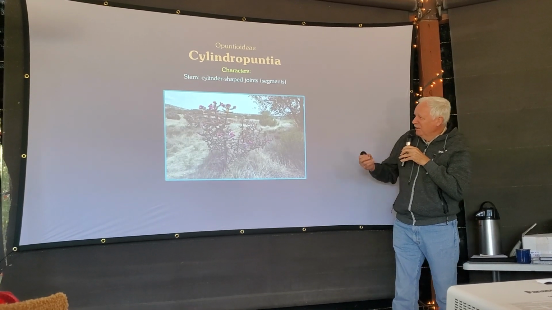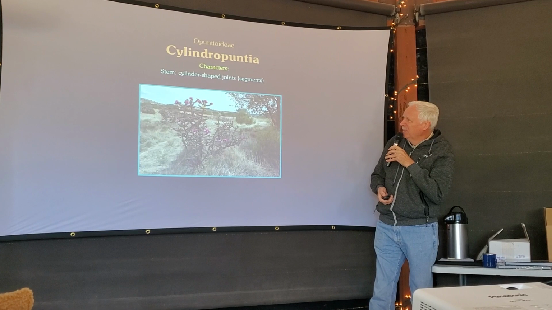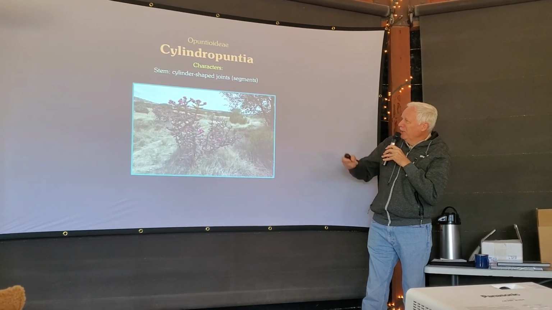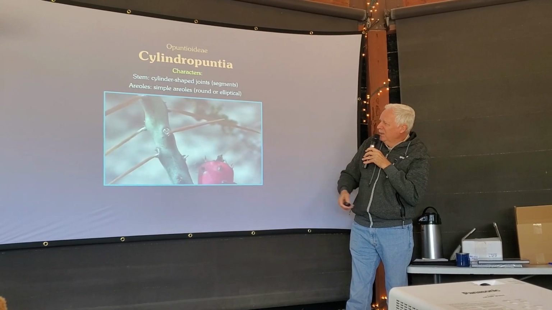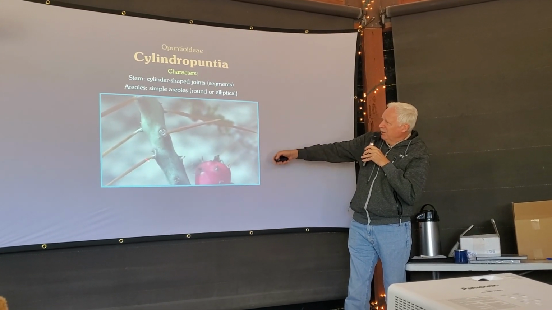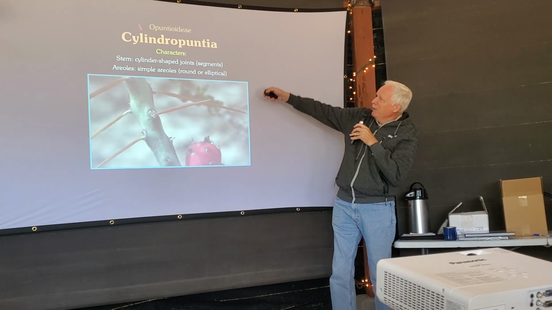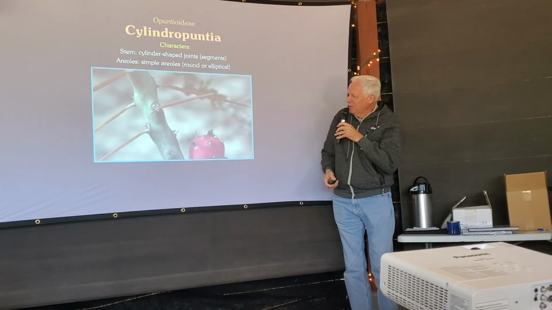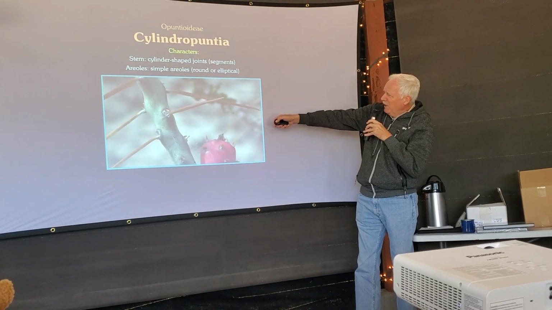Yeah, this is the tree choya, the imbricata that we have in the Franklins. They have cylinder-shaped joints. So this is more or less a joint, and then you have another piece that grows next year on it. They have the areoles, lower part of the spine.